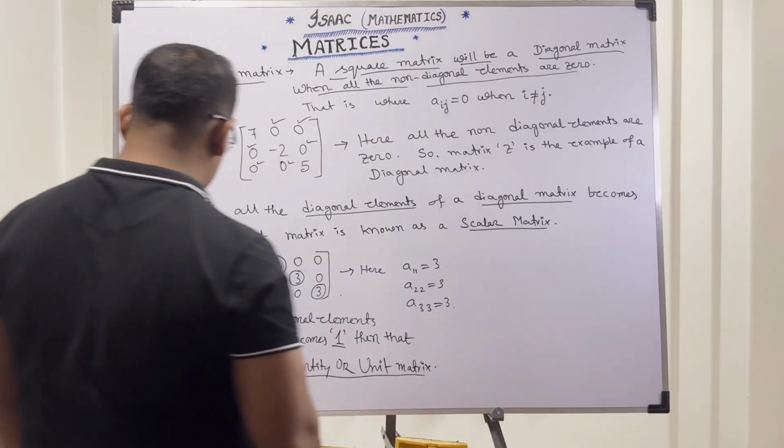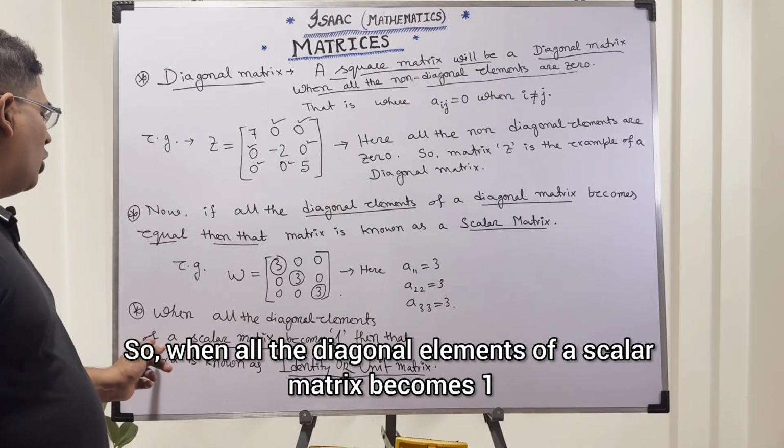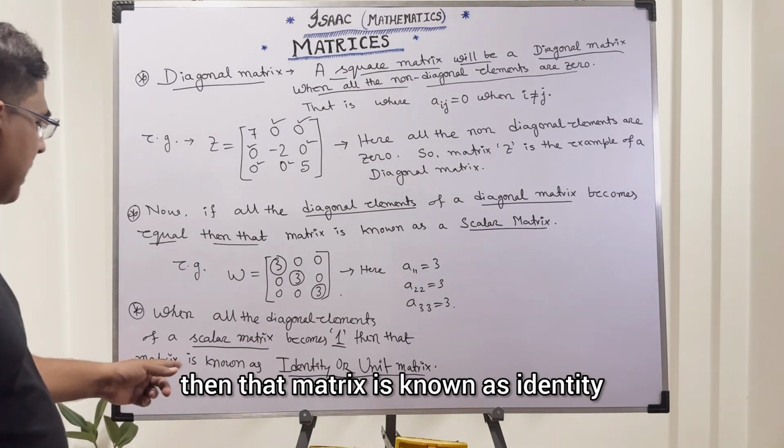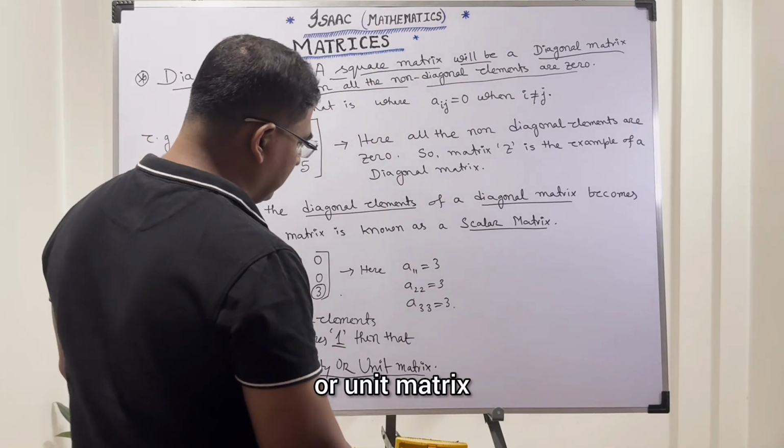Okay, so when all the diagonal elements of a scalar matrix become 1, then that matrix is known as identity or unit matrix.